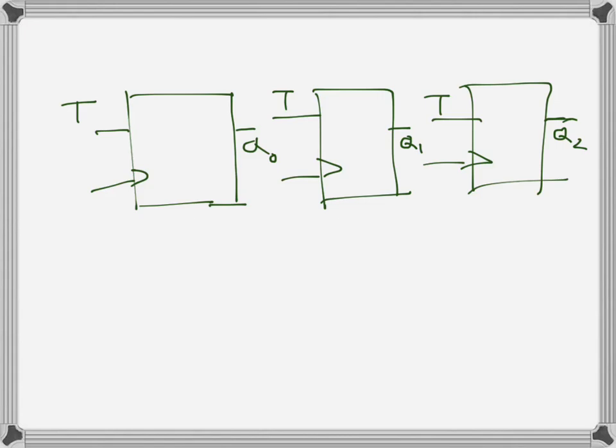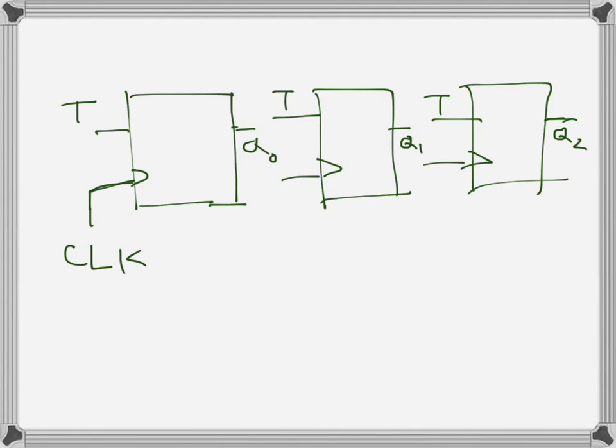Now we will do an asynchronous operation. The first flip-flop's clock is connected to the system clock. They will have different clocks because that's why it's asynchronous. If it were synchronous, they would all have the same clock.